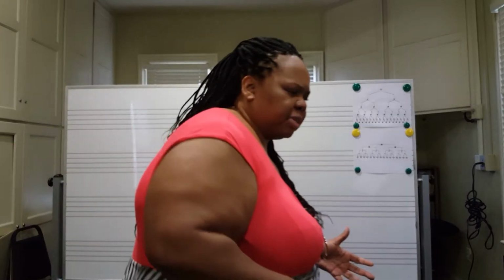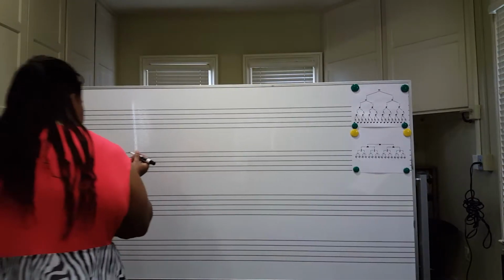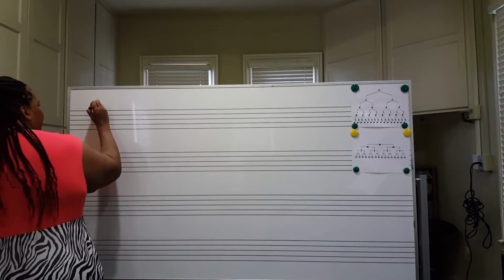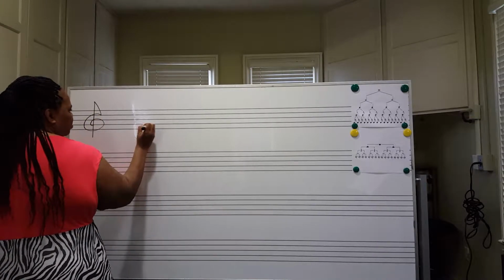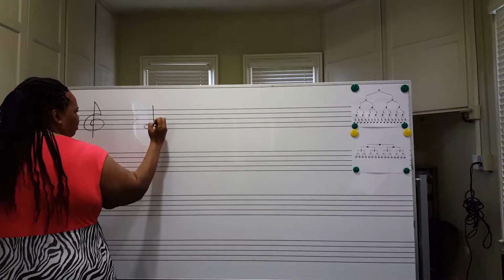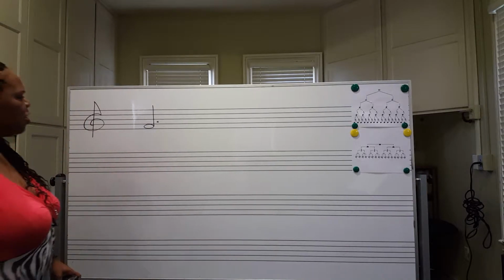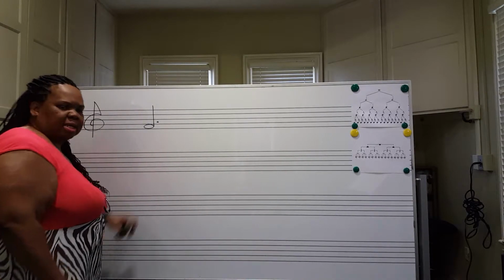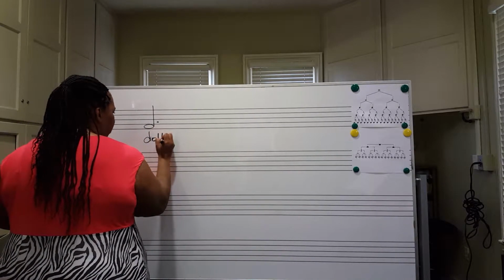Okay, forgive me for looking for the next thing. Yep. All right. So now that I've given you basic note values, I'm going to introduce you to a nice little something that happens every once in a while. This little thing is called a dot, and therefore we call this a dotted note.